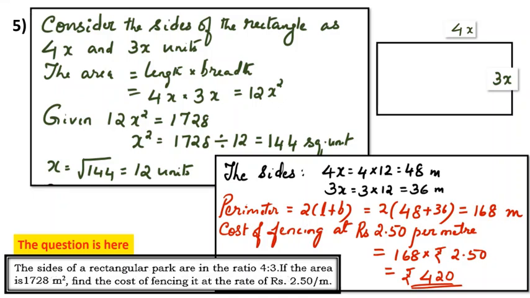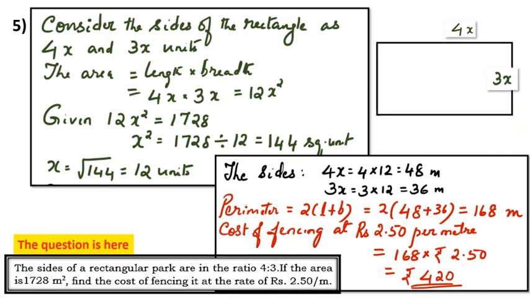Length is 4x, so I should find 4 into 12. That's what I have done here in the next box. Sides: 4x, 4 into 12, that is length 48. Breadth 3x, 3 into 12, 36. So these two are the dimensions.